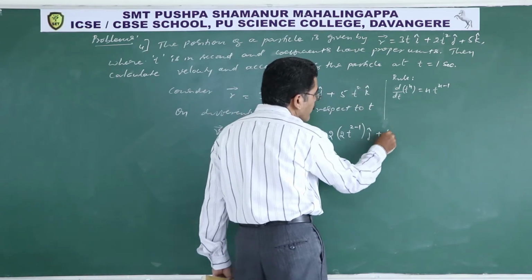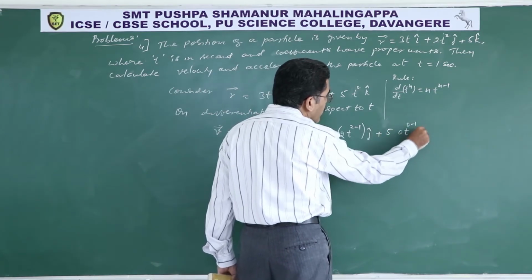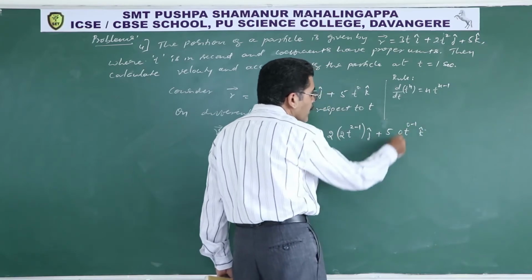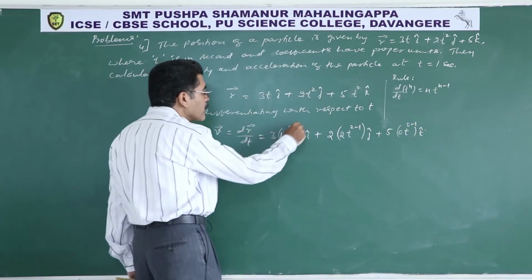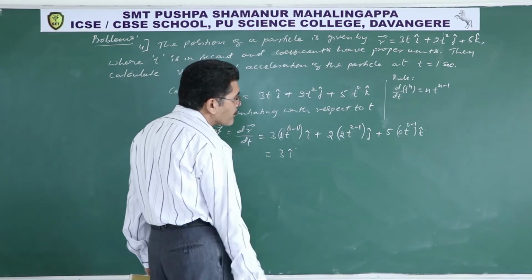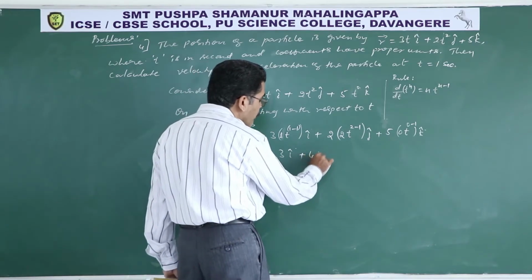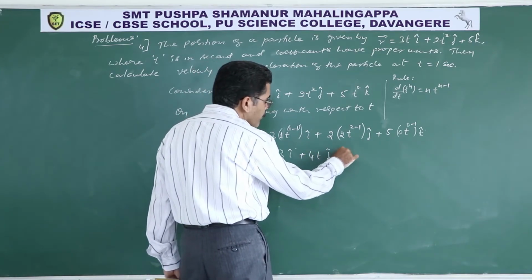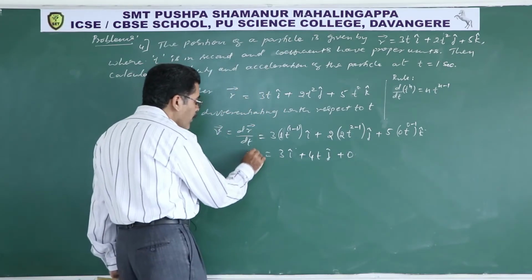Therefore 5 into 0 into t power 0 minus 1 into k cap. 0 multiplied by any number is 0. Therefore this gives you 3 into i cap plus 4t into j cap plus 0. This is velocity.